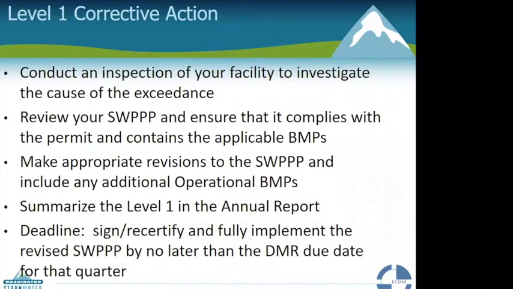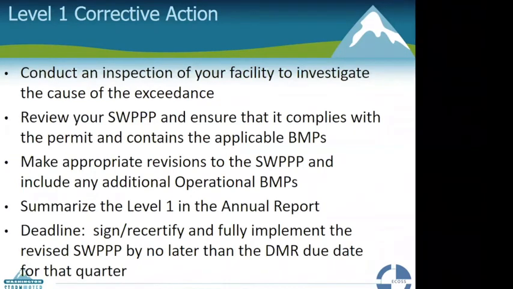That may be similar to that source tracing video that we talked about earlier, finding out where the source of the materials are. You want to review your SWIP and ensure that you're complying with all the BMPs that you said you will apply. You want to make sure that there are appropriate revisions to the SWIP and include any additional operational BMPs that you might add to your list of activities.